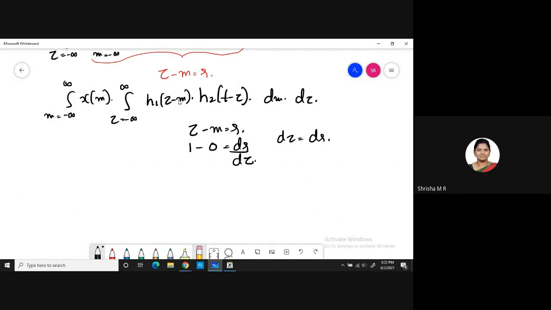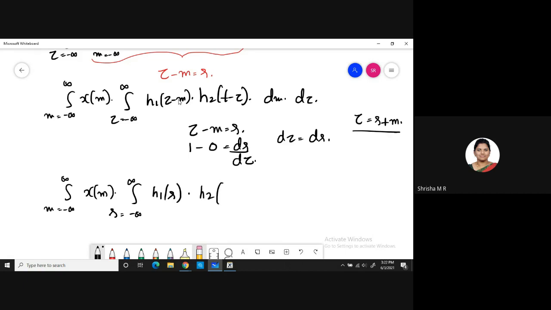So what is the equation for tau? Tau is nothing but r plus m. You remember this? So we have integral m is equal to minus infinity to infinity x of m into integral r is equal to minus infinity to infinity h1 of r into h2 of t minus r minus m into dr into dm. Okay, got it, everyone?